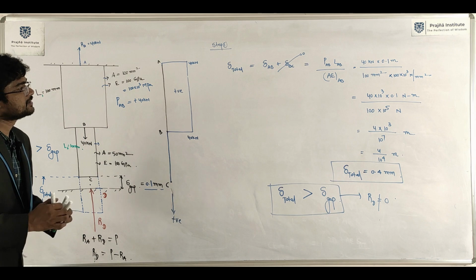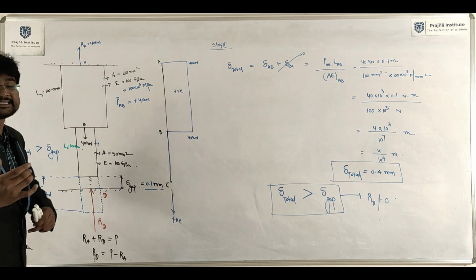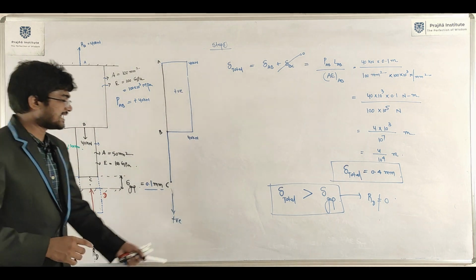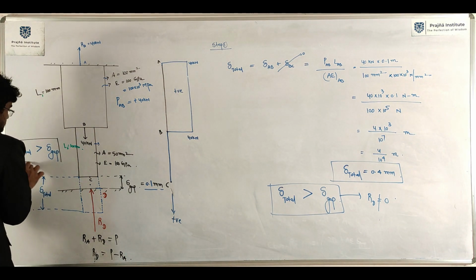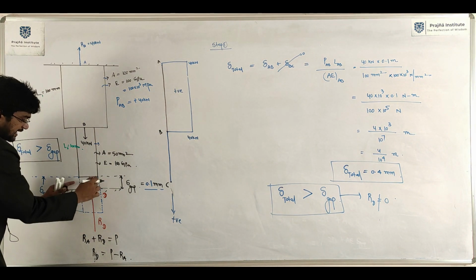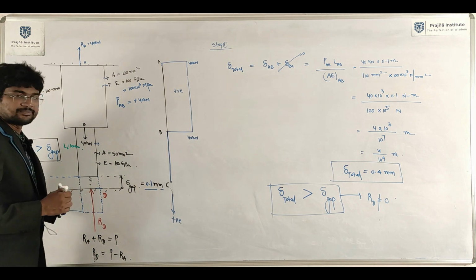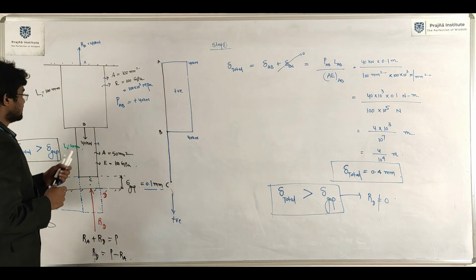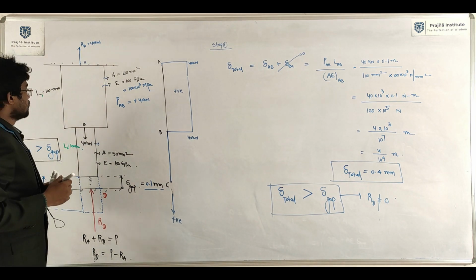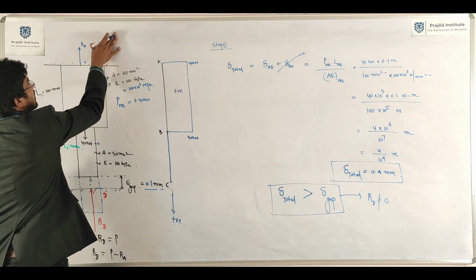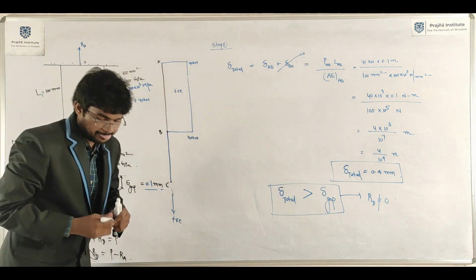That's it. Now, how to determine the support reactions? This condition is satisfied here, so you will get this kind of figure. Now it is 40 kilonewton, that means RA only. Write down up to here.